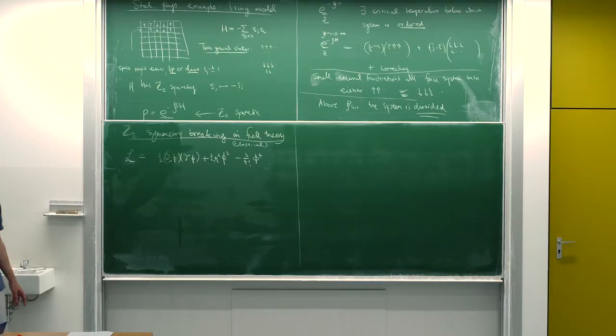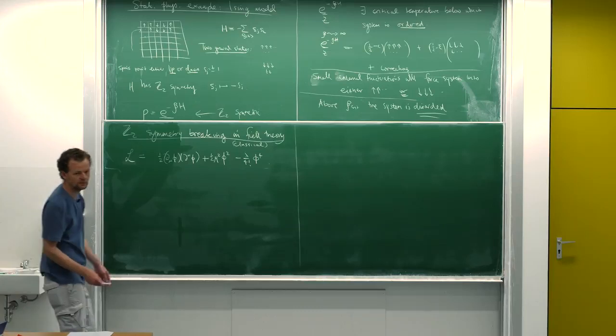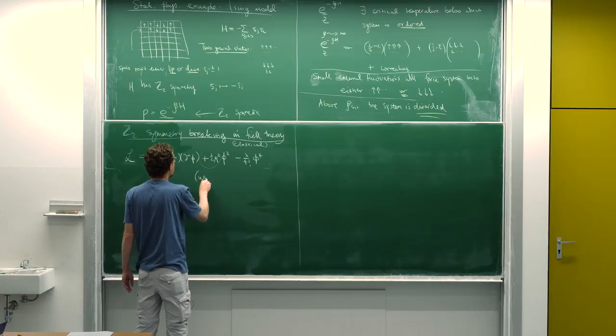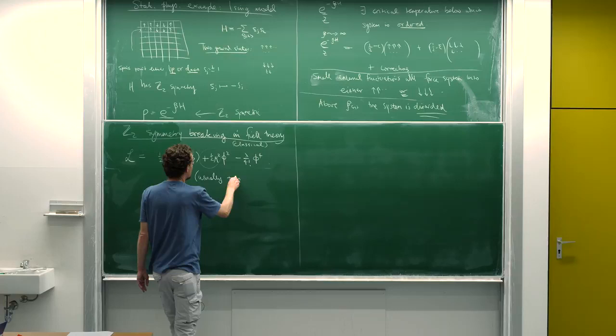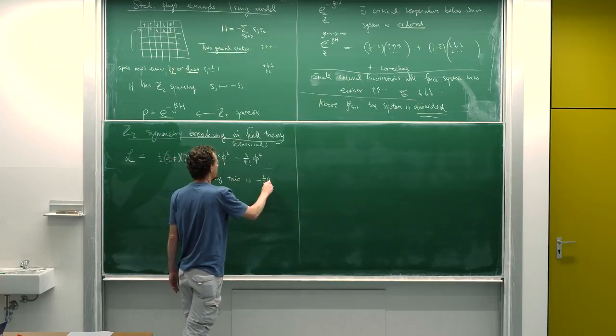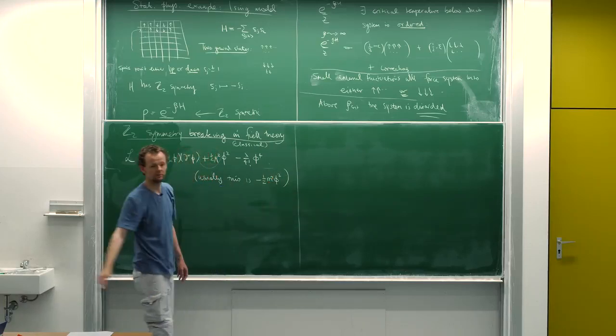All right, that's a classical field theory Lagrange density right there. But it's different from the ones you're used to, because this parameter here is negative relative to the usual case. You know, usually this is minus a half the mass squared times phi squared.